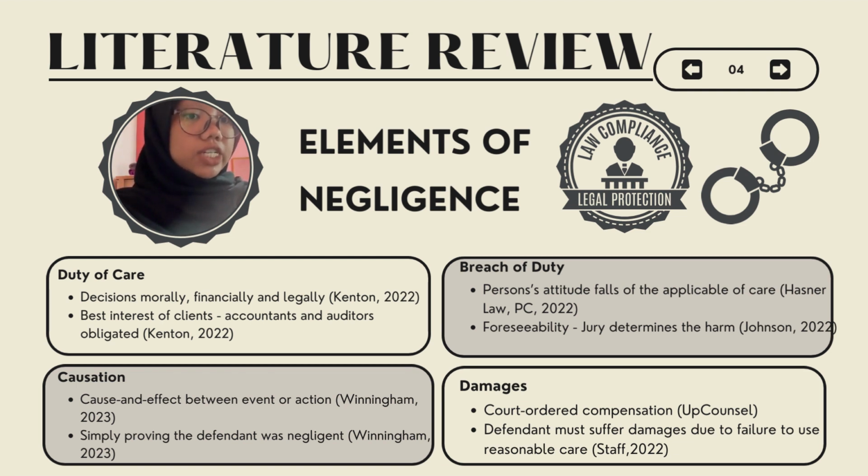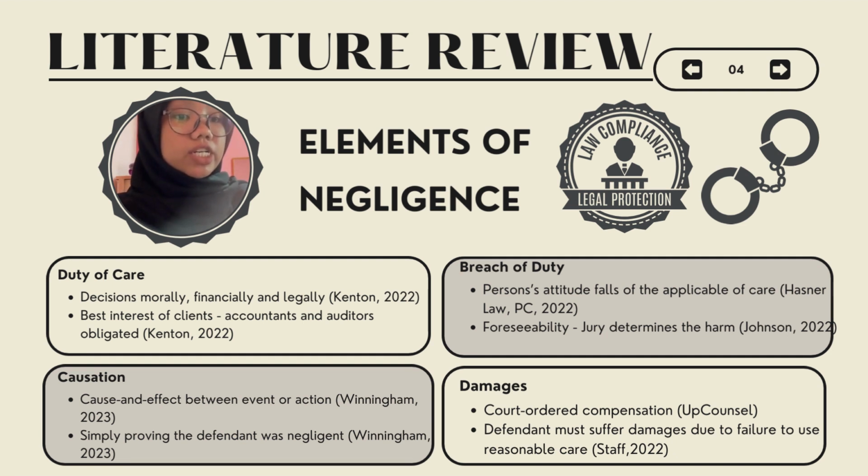Next, on causation, according to Winningham, it is the cause and effect link between an event or action and the outcome. To prove causation in a personal injury case, you must go beyond simply proving that the defendant was negligent.